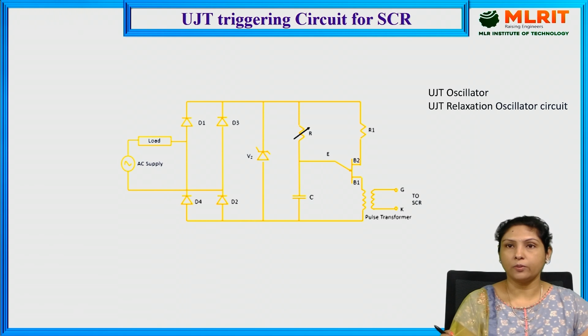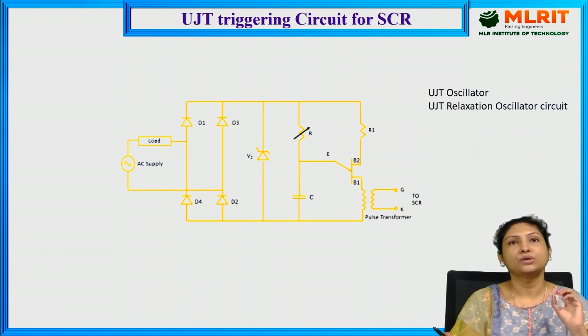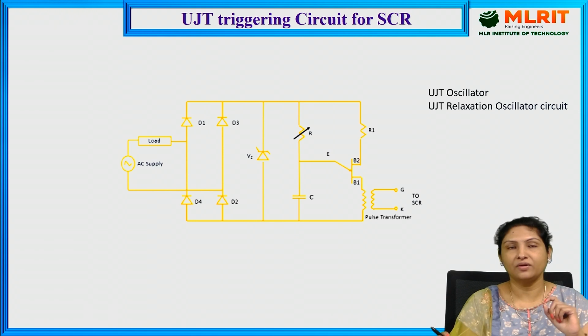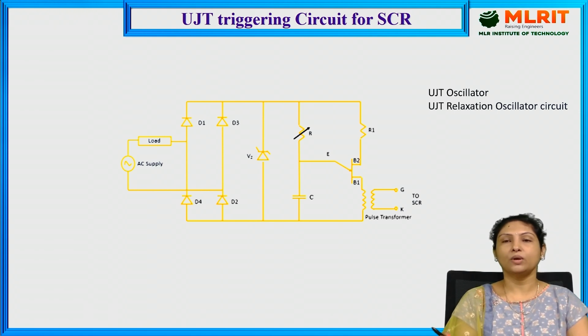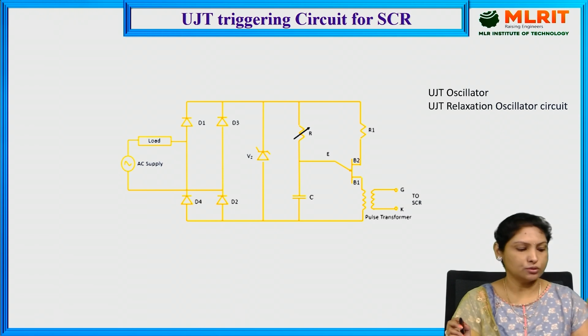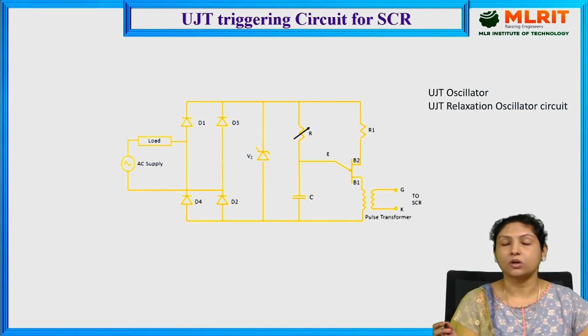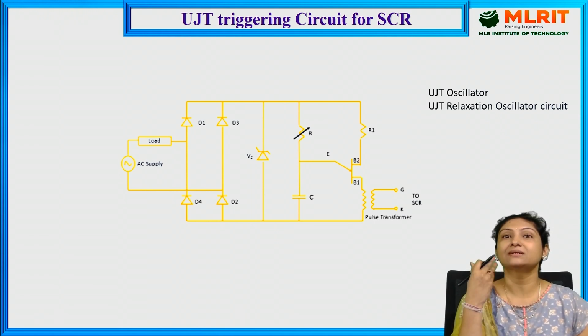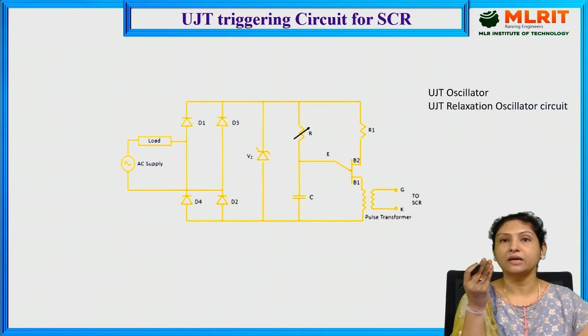That is all about the two transistor analogy. And now coming to the UJT triggering circuit for SCR. Here we are making use of a unijunction transistor in order to generate the triggering pulse required by the SCR to bring the thyristor into the on state.